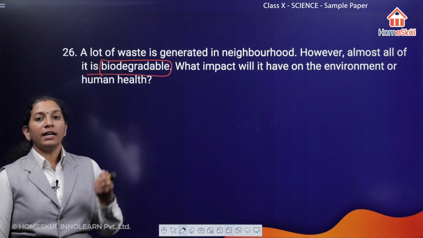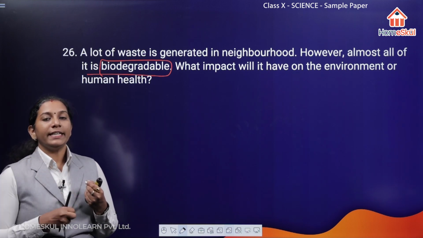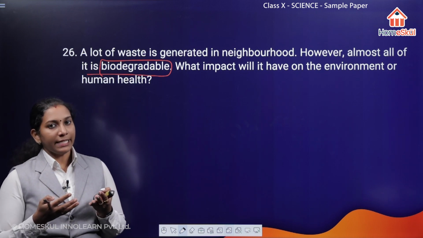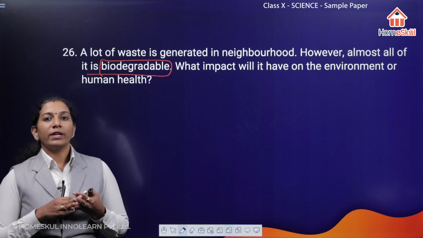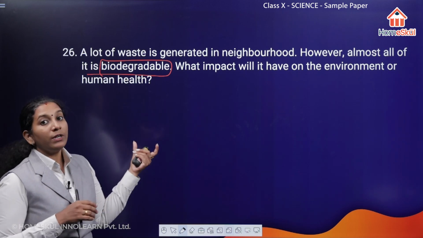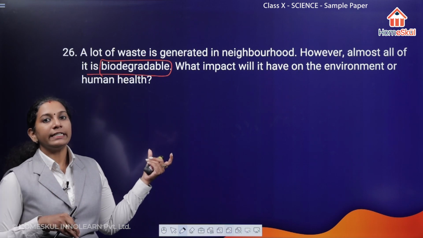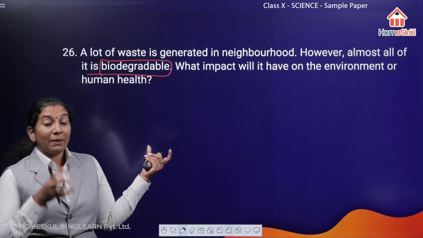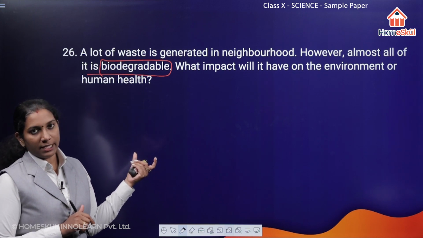They are waste materials that can be biologically degraded by nature itself, by the action of different types of microorganisms. Naturally, they will get degraded, but it will be a slow process. It will take some time to degrade the materials.